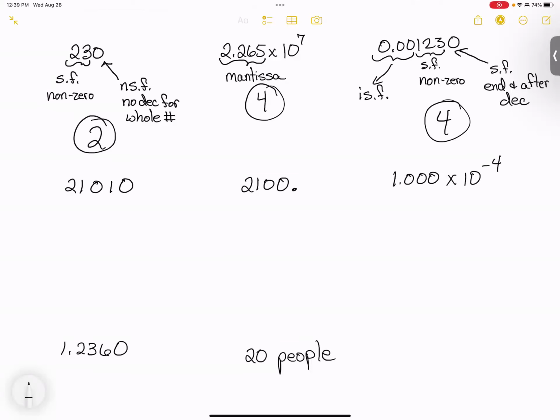In the next one, the 2, the 1, and the 1 were all significant because they're non-zero digits. The 0 between the 21 and 1 is significant because it's goalposted.